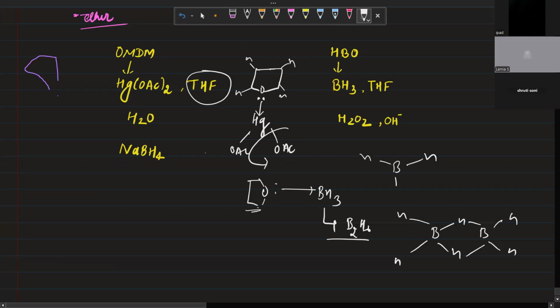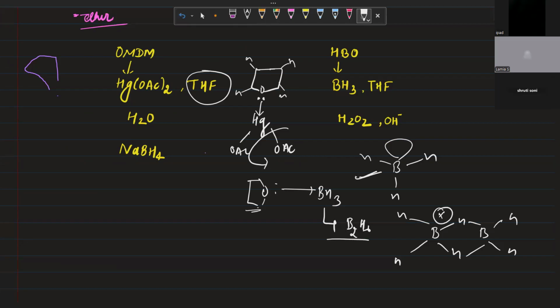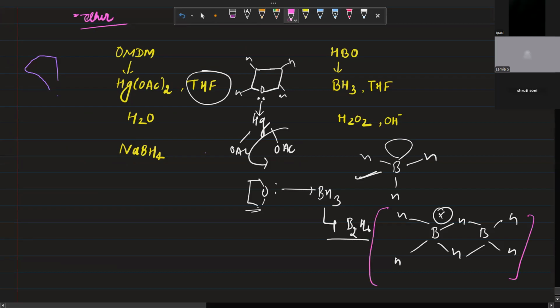In BH3, this boron has a vacant orbital, while in B2H6 there is no vacant orbital. To proceed with any reaction, BH3 is more favorable, because we need a vacant orbital to donate, gain or lose electrons. B2H6 is a stable compound. It doesn't give any sort of reaction.